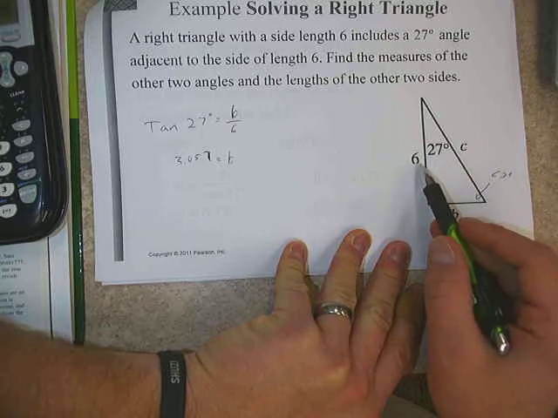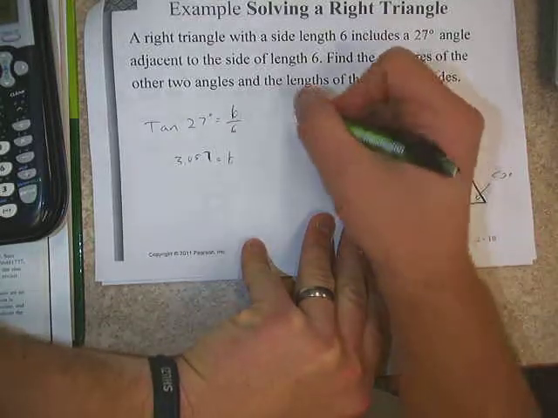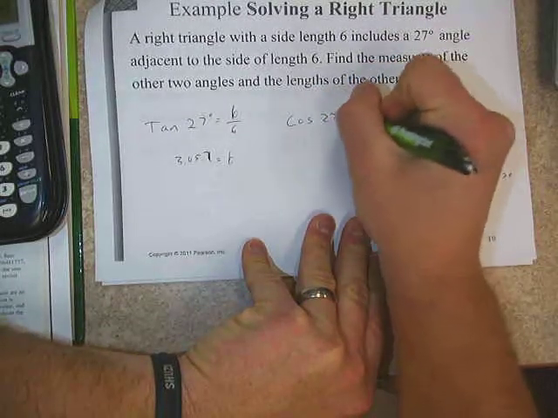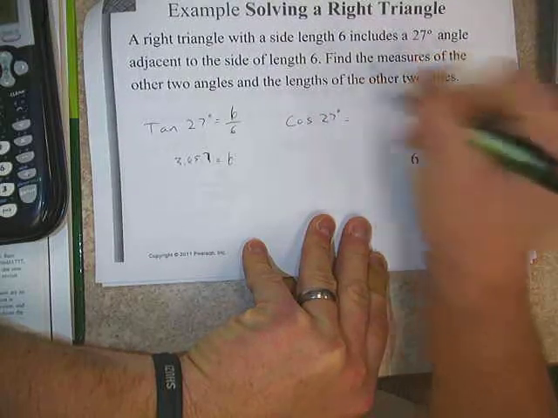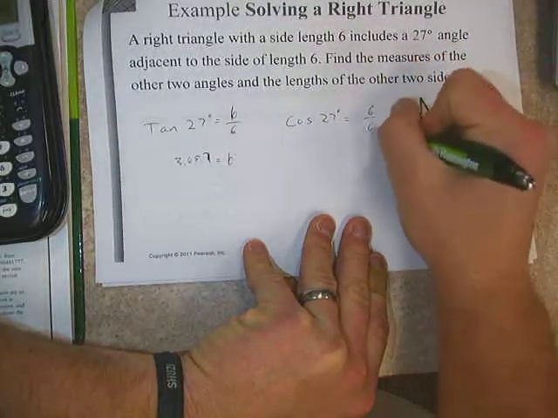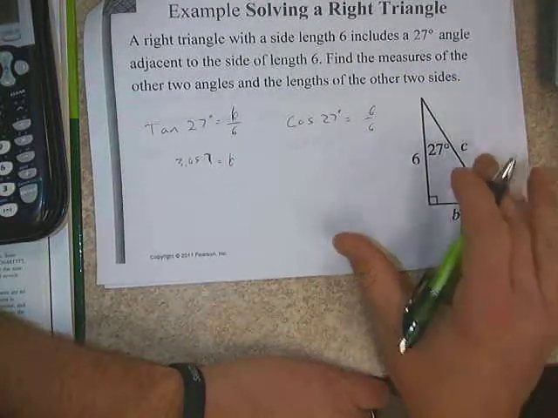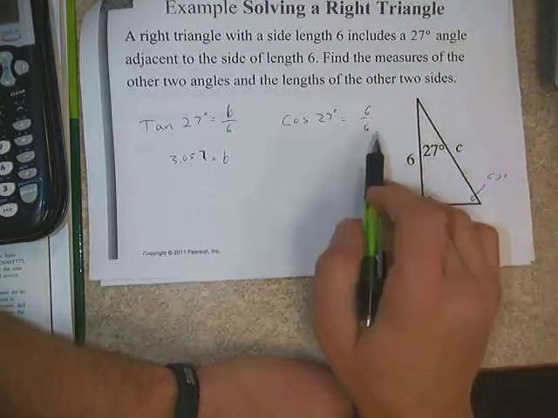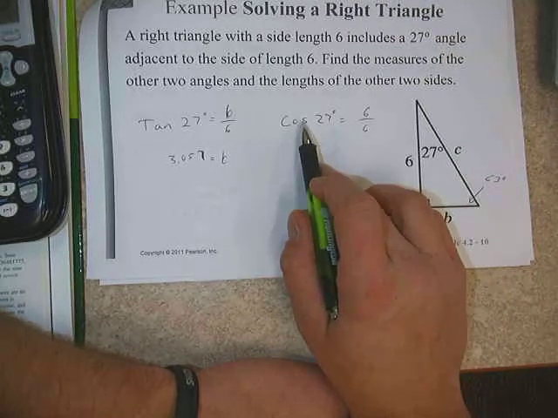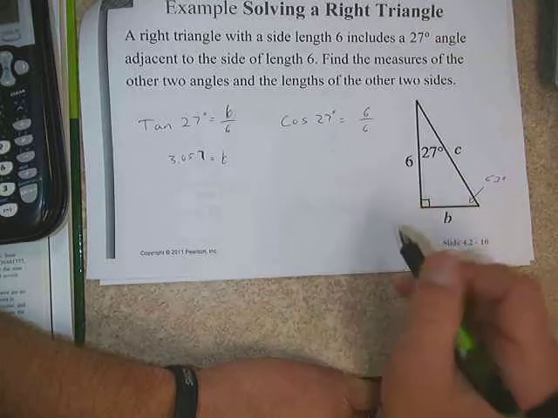And similarly, if we wanted to find c, we could recognize that c is the hypotenuse, 6 is the adjacent, so that would lead me to cosine. So we'd say cosine of 27 equals the adjacent, which is 6, over the hypotenuse, which is c. And this is going to be like the last one we did in our warm-up today.